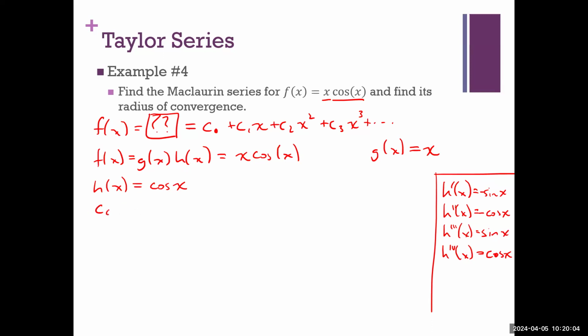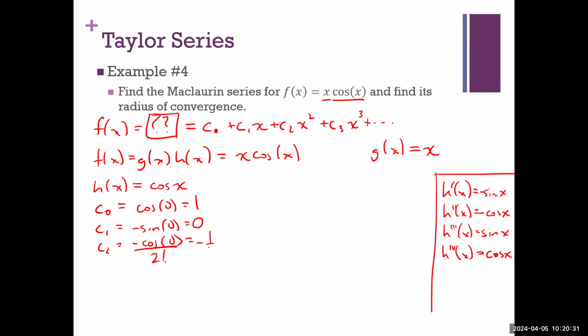So how do we find C0? Yeah, so C of 0 is equal to cosine of 0, which is what? 1. C of 1 is equal to negative sine of 0, which is 0. C of 2 equals negative cosine of 0 over 2, right?